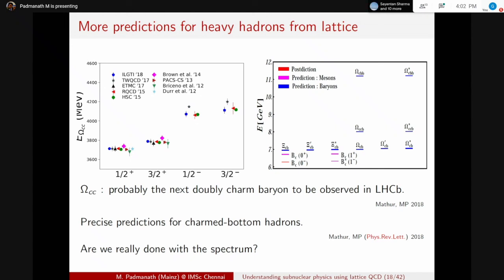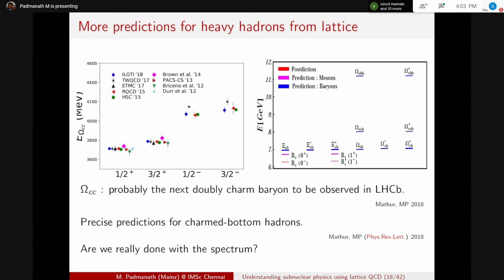So the input is the bare gauge coupling, and the light, strange and charm quark masses. So these are three different inputs. Since this is a mixed action calculation, that means the ensemble generation uses a different fermion action than the measurement.